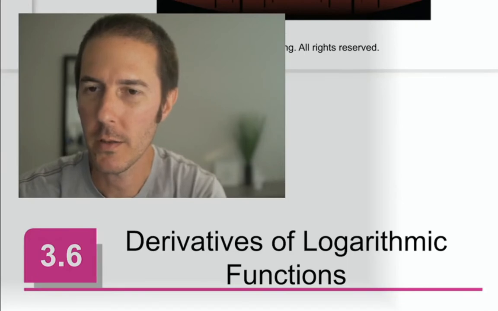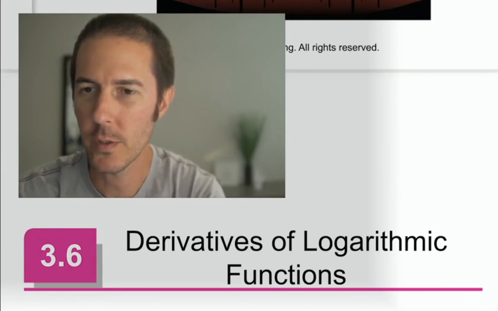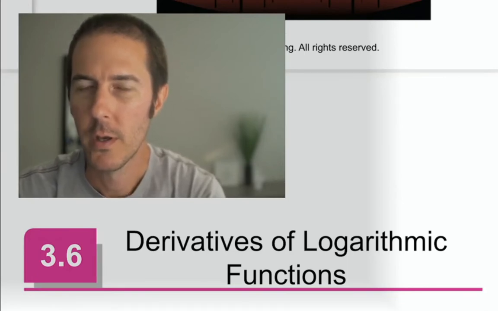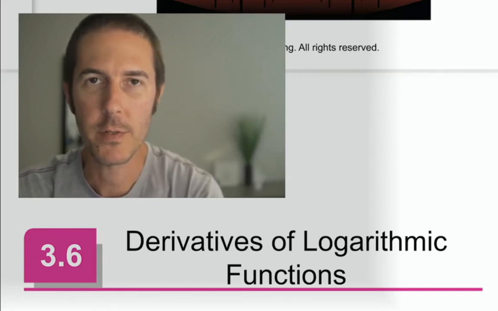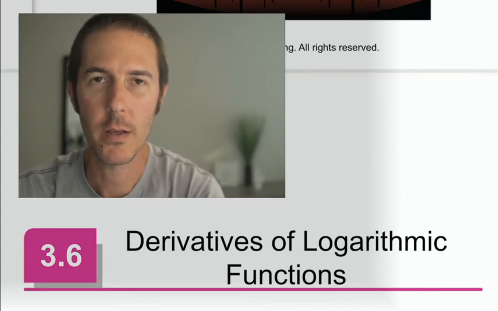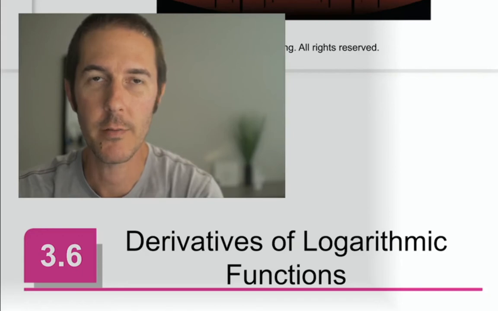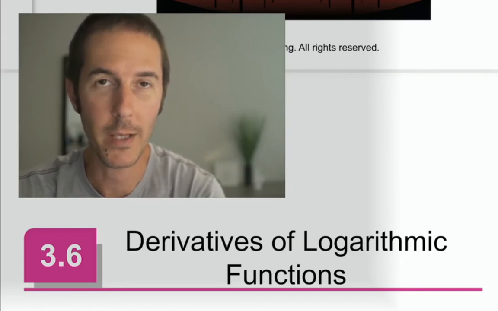There are a couple of aspects to this conversation. The first one is going to involve just some basic rules, the patterns of taking the derivative of a log and a natural log. Then we're going to look at equations that are a little bit more complicated, where we could use rules like the product rule, quotient rule, and chain rule in order to take the derivative of an equation that says y equals.